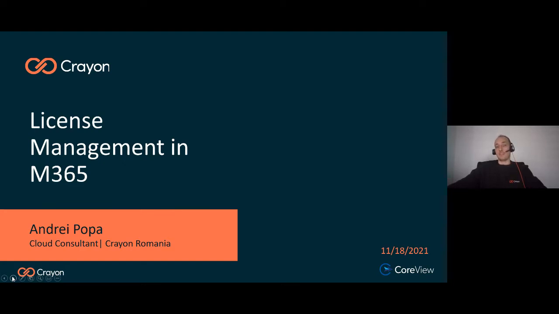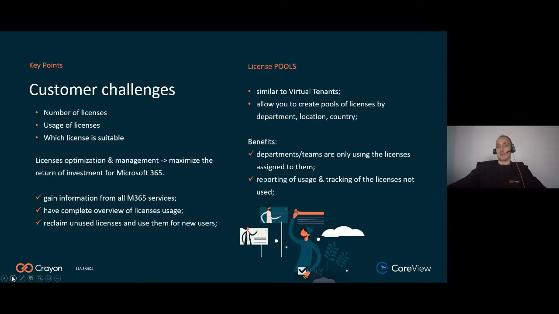On top of this, you could use a professional tool like CoreView to help you manage those licenses, because license management and optimization is one of the key features in CoreView, in order to help customers maximize their return on investment in Microsoft 365.